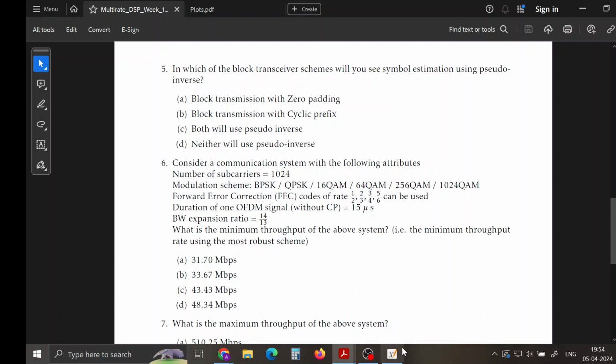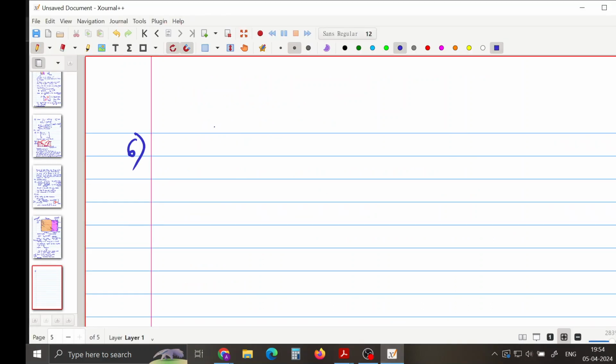I'll first write down the information that is provided to us. Number of subcarriers is equal to 1024. Basically the data subcarriers.